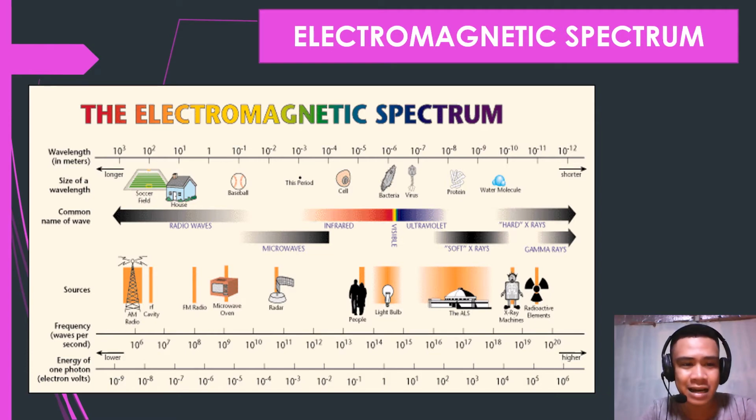Got it? Okay, so we have the energy of one photon, measured in electron volts. If you have the lowest energy of one photon, you also have the lowest frequency, and if you have the highest energy, you have the highest frequency.